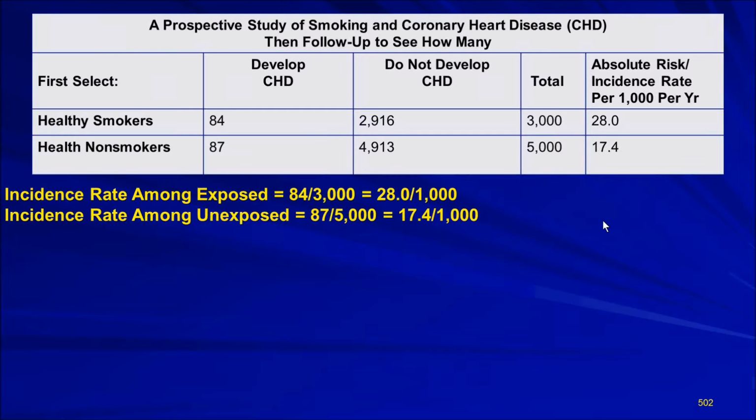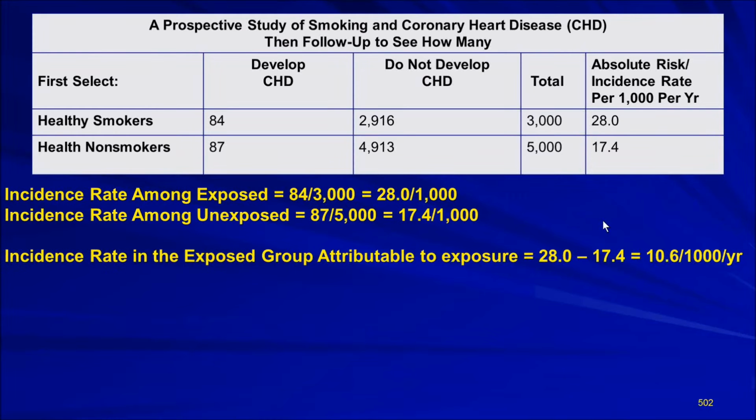Now I want to talk about attributable risks, the amount of risk attributable to engaging in the behavior. So we have incidence rate or absolute risk in the exposed group that's attributable to the exposure, or smoking. So the additional risk that you take, or anyone in your family or friends take when they smoke, according to this data, is 10.6 per thousand per year.